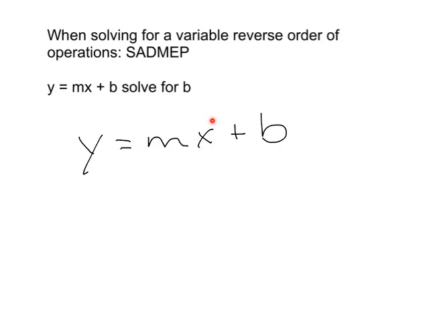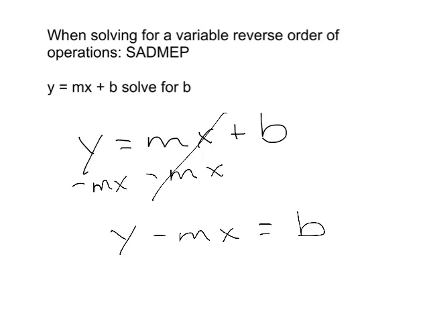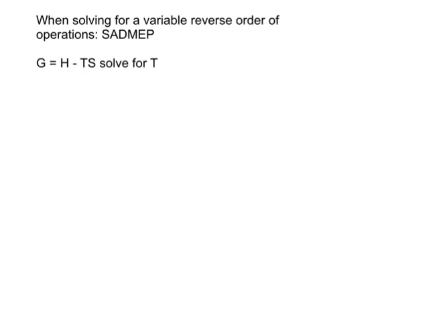Like this quantity, m times x, order of operations, you do that first, get that value, and then add it to b. So what I can do is just subtract both of these together as that quantity, all in one step. And I'm done. So that's actually easier, but I do see a lot of kind of silly mistakes.